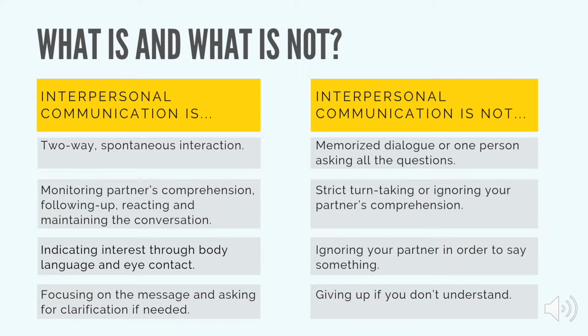Interpersonal communication is not a memorized dialogue or one person asking all the questions, strict turn-taking, ignoring your partner's comprehension, ignoring your partner in order to say something, or giving up if you don't understand.